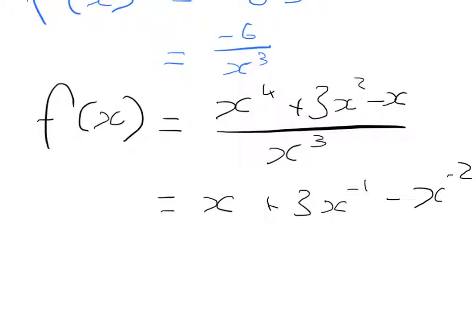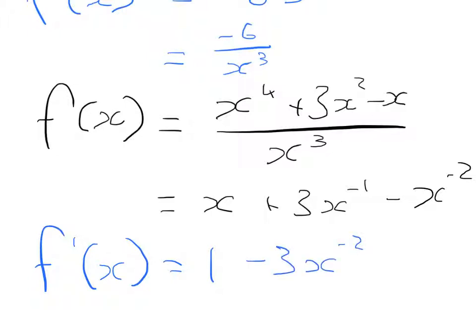Alright, so now when we differentiate it, f dash of x, well, x is going to become 1, minus, because negative 1 times 3 is negative 3, x to the power of negative 2, and then a minus times a minus is a plus, 2x to the power of negative 3. Then we want to convert it back into the format that we got it in.